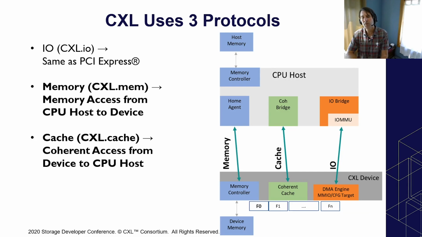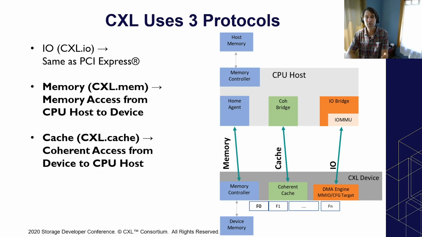Now, what are the protocols that CXL is using? We have the baseline CXL.io. This is the same transaction layer and protocol layer as PCI Express. So we keep all the goodness that PCI Express provides, and we add two new protocols on top of that.